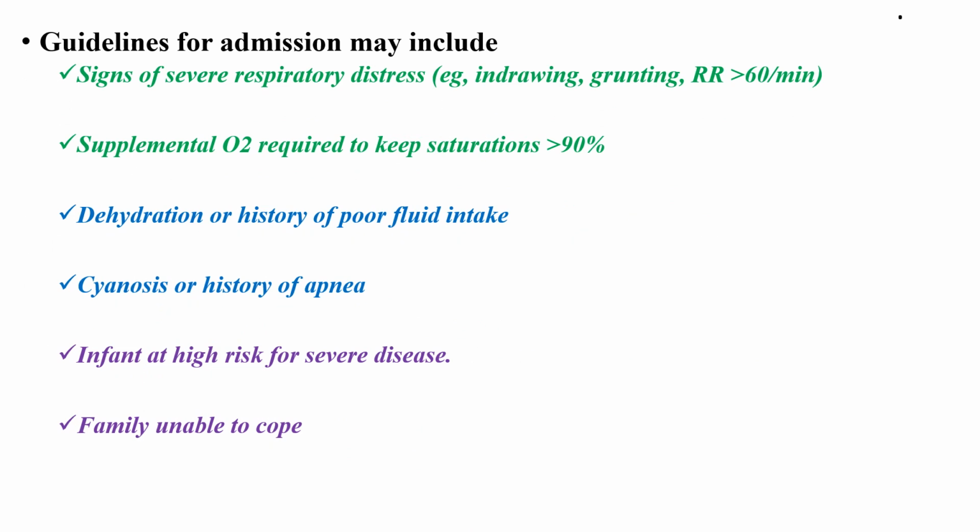Criteria to admit an infant with bronchiolitis to hospital for inpatient care include signs of severe respiratory distress, supplemental oxygen required to keep saturation more than 90%, dehydration or history of poor fluid intake, cyanosis or history of apnea, infant at high risk for severe disease as we mentioned above, and family unable to cope with the problem.